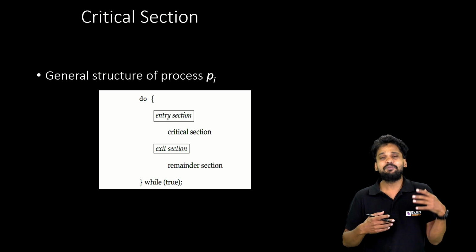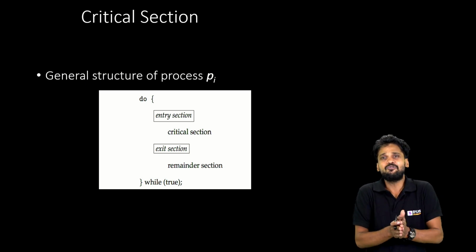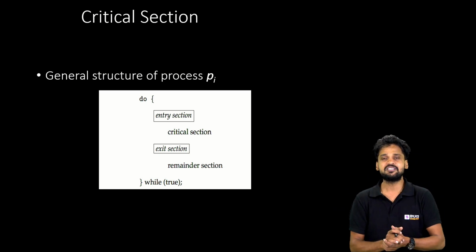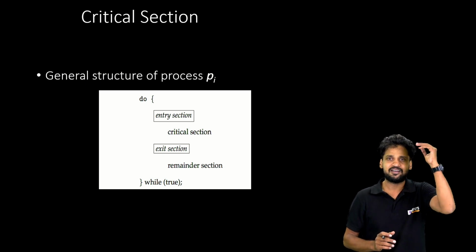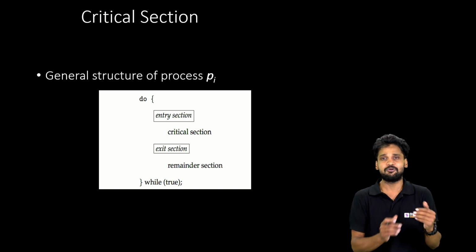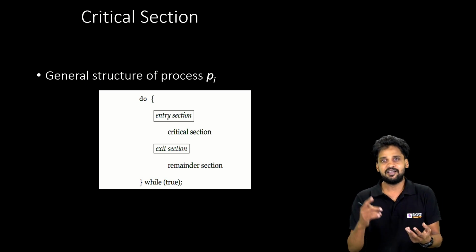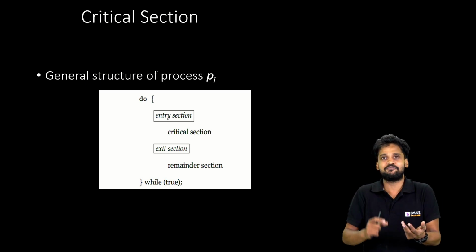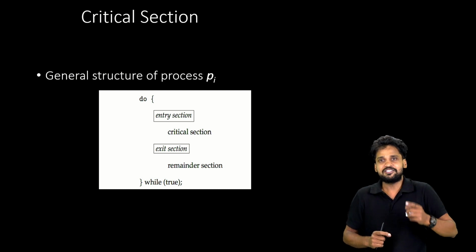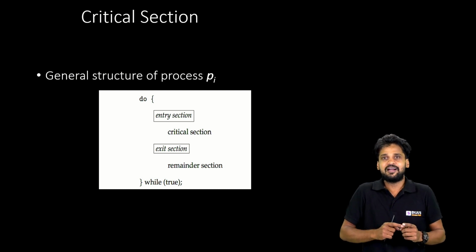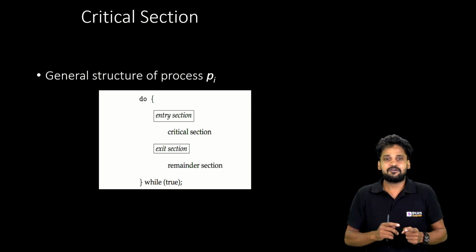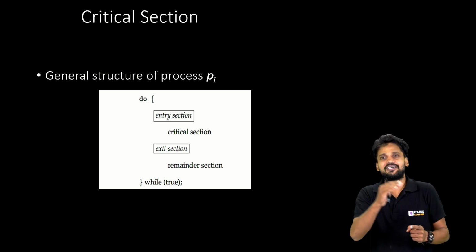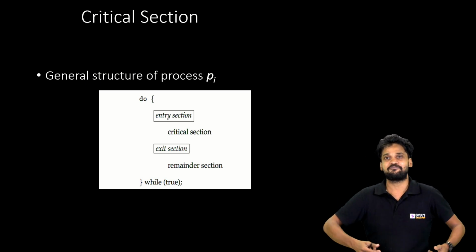Simply because Peterson's solution cannot work on modern-day architecture. What is modern-day architecture? Understand something. Peterson's solution was developed way back in the 1970s or even before that. I don't exactly know when it was developed. For a 1970s computer system, a RAM of 256 MB and a hard disk of, let us say, 26 GB or 32 GB was an advanced system.